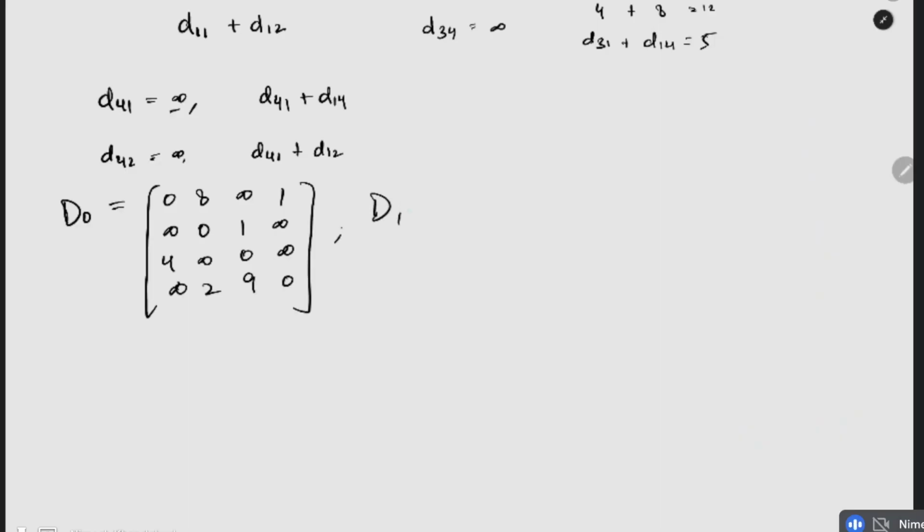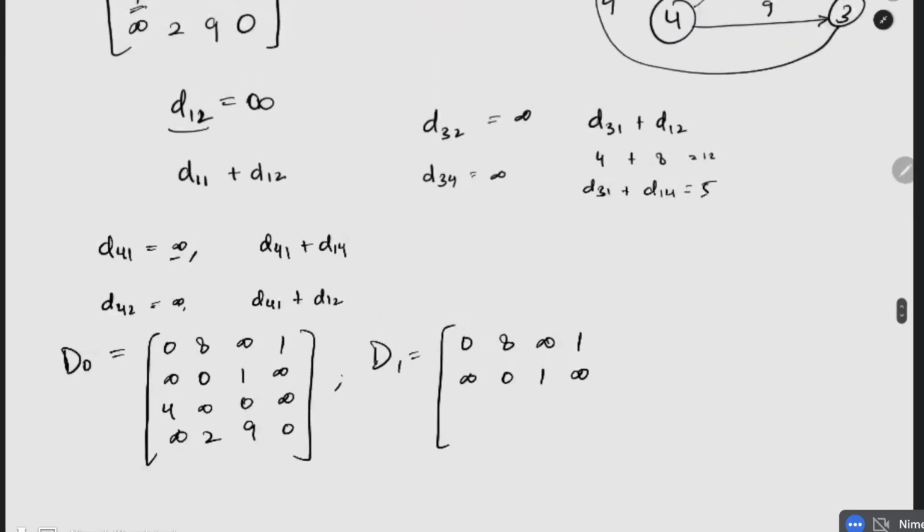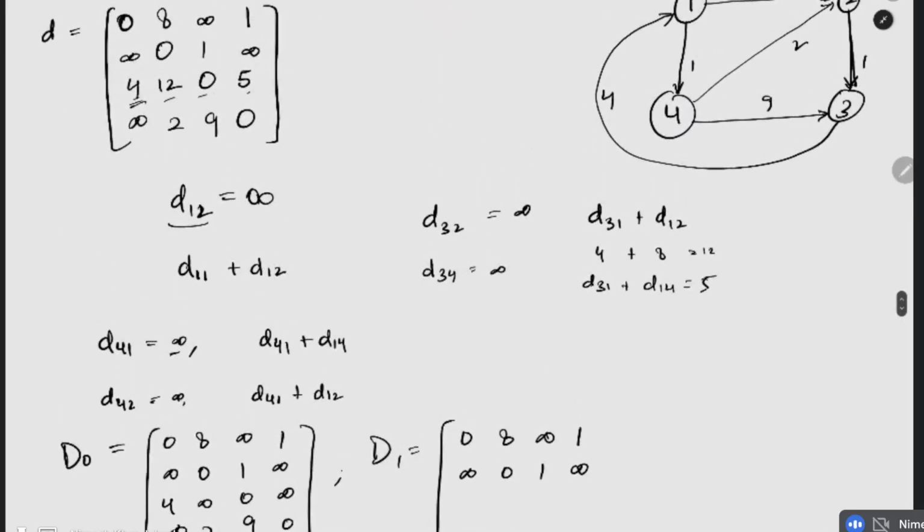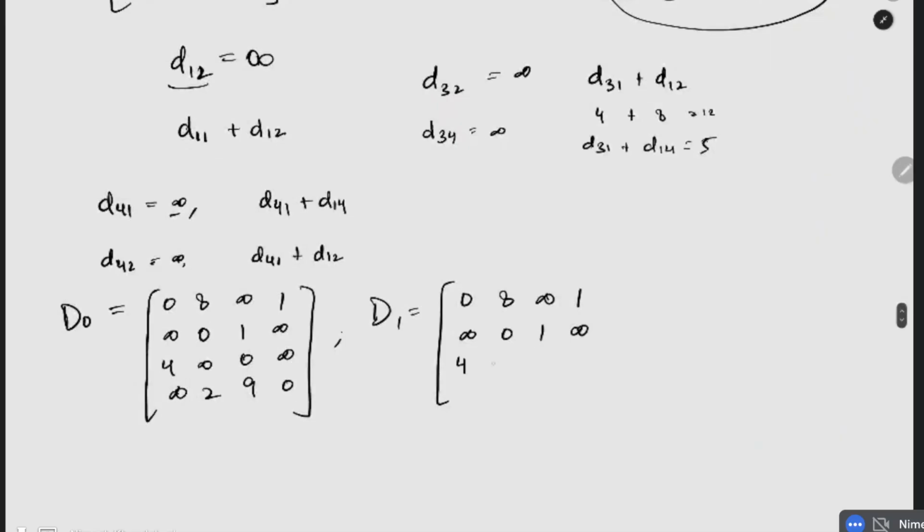After the second iteration, for k equal to 2, it will be 0, 1, infinity, and then 4, 12, 0, 5, 8, 0, 2, 9, 0.